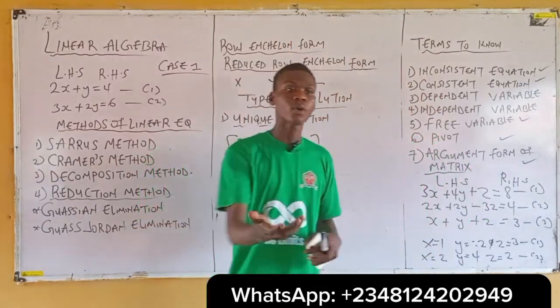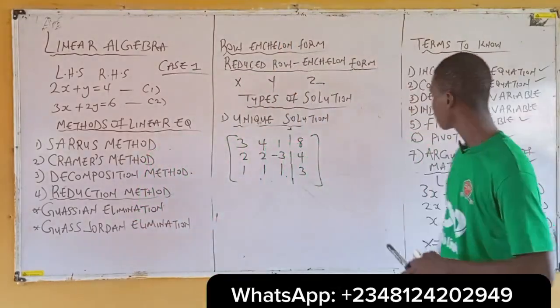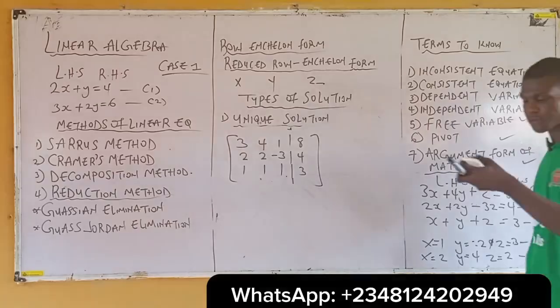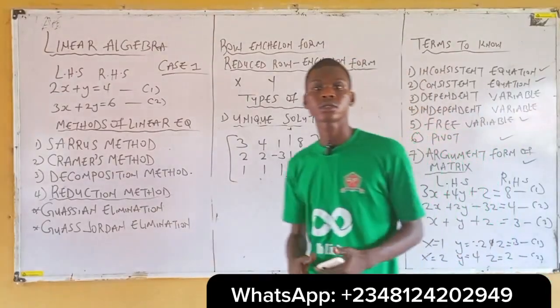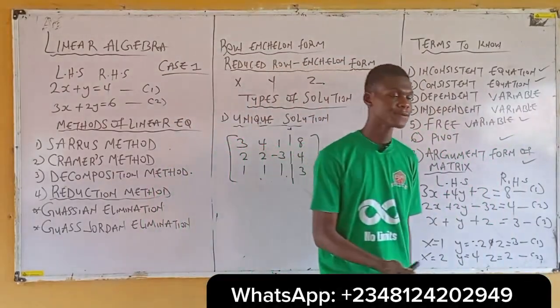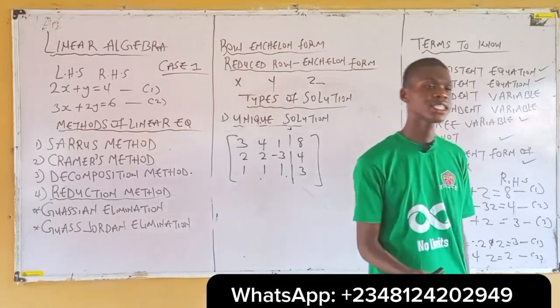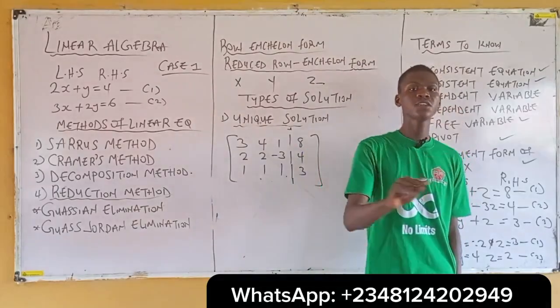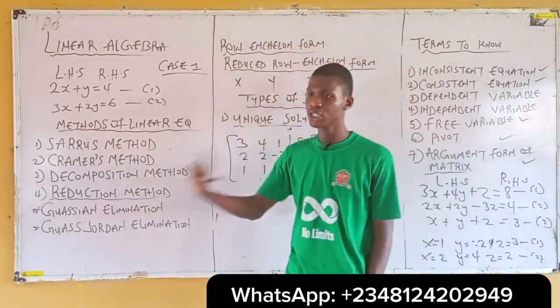What's the definition that I gave you for the first one, for dependent variable? When the variable is restricted, that is, only a set of unknown values of this variable can satisfy this equation.